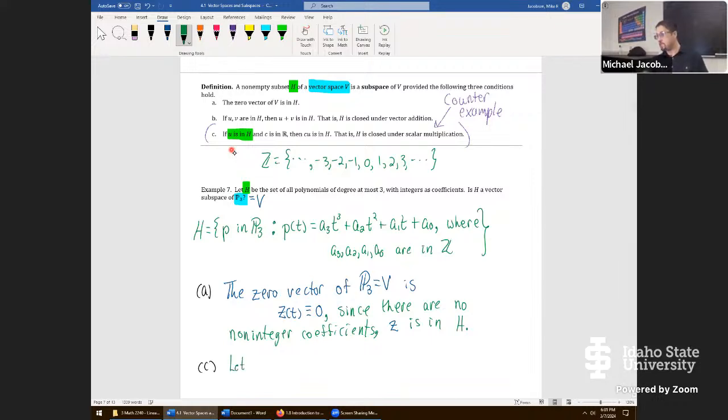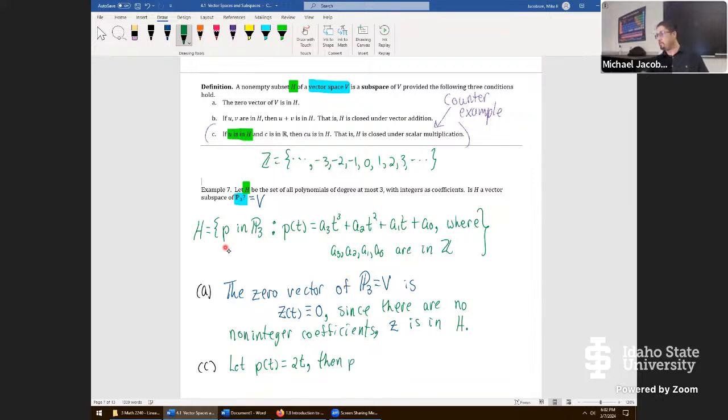Let p of t equal, it's a counterexample, so we want a specific polynomial. And you know what? That's pretty specific, 2 times t. Or it could have just been t itself. I just wanted to exhibit the coefficient a little bit clearer. It has an integer coefficient. Its degree is below 3, so it does belong to H. We need to say that here.